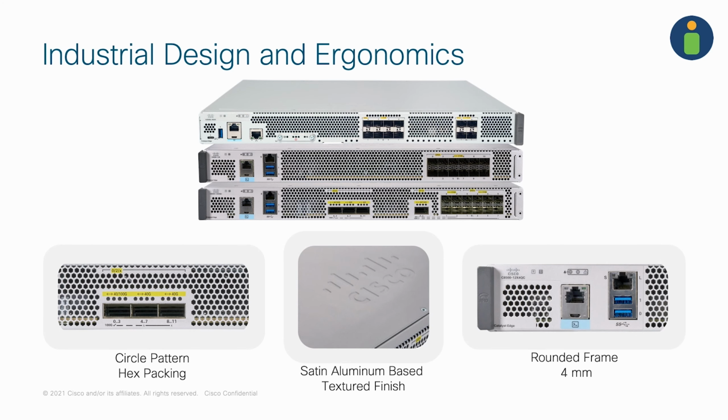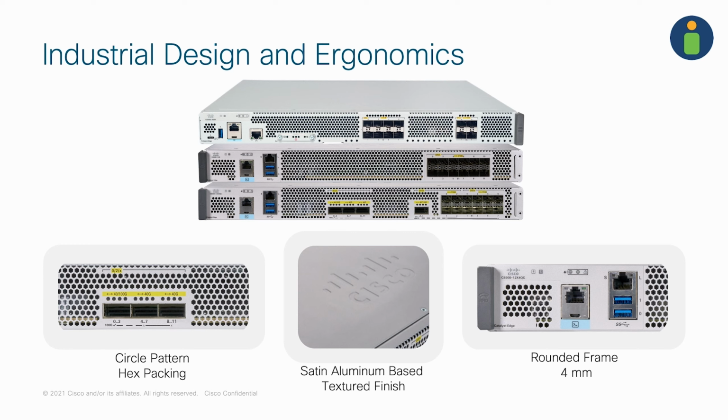Overall, we wanted to make sure the design and ergonomics follow a typical standard from an implementation point of view, and as part of that, Cisco collaborated with a design firm to make sure the look and feel for all the Catalyst 8500 platforms also follows the ergonomics. The circle pattern hex packing helps us achieve the desired strength while also helping to cool the chassis.